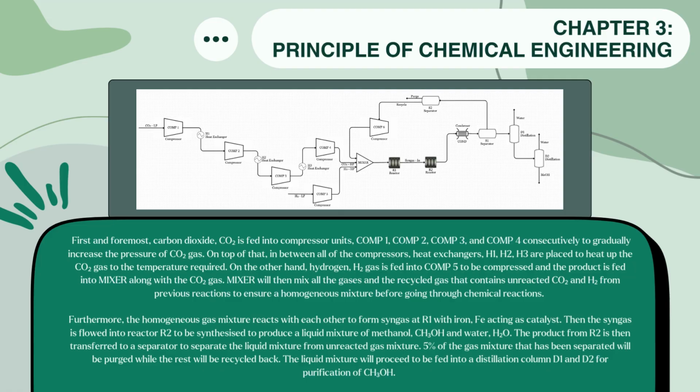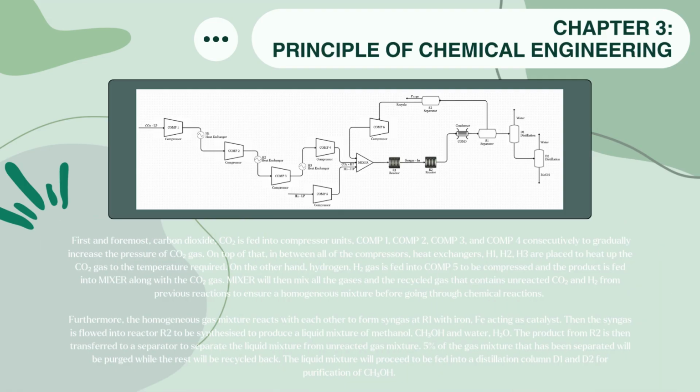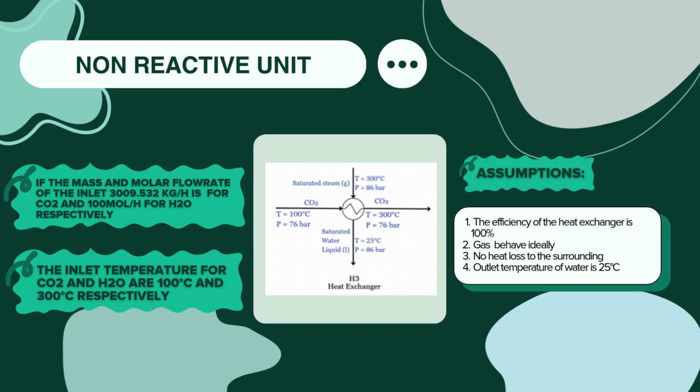For the non-reactive unit, the mass and molar flow rate of the inlet stream of CO2 and saturated steam are as stated in the slide here, assuming that the inlet temperatures of CO2 and H2O are 100 degrees Celsius and 300 degrees Celsius respectively.